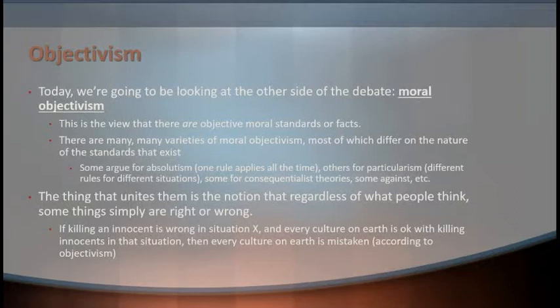They're wrong about the way morality actually is, if you're an objectivist. An objectivist is somebody who believes that there are moral facts about the universe in the same way that there are physical facts. Even if nobody believed them or nobody knew about them, those facts are still true. They're objectively true. They're true independent of what people believe or think about them.